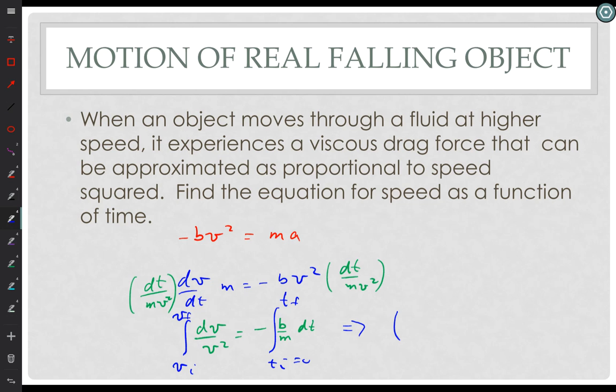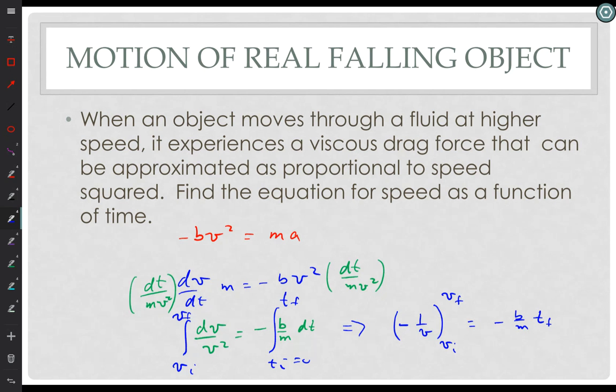And then we divide by that new power, so divide by minus 1. So it's exactly what Jonathan said. It's going to be minus 1 over v. And I didn't put the t initial here because it's 0.